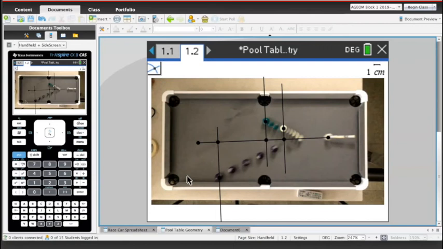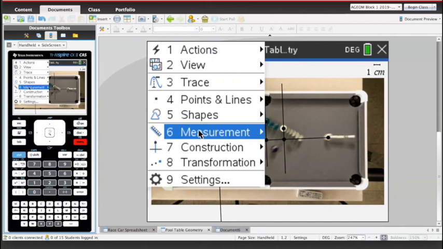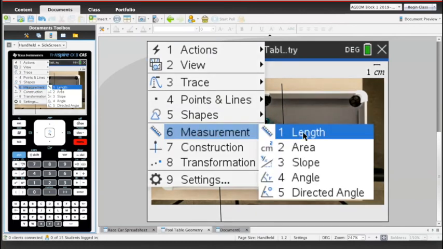So now what I'm interested in is these velocity vectors. I want to understand what is happening with the y components of all of them. So that seems like a magnitude question. I'll go ahead and go into menu, and let's measure the length. Find this magnitude.